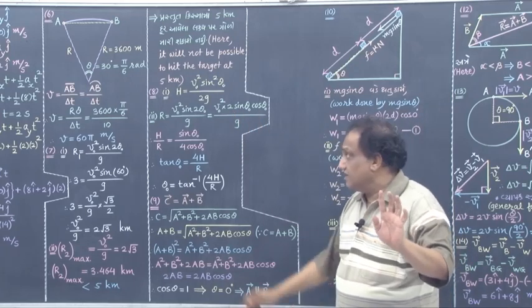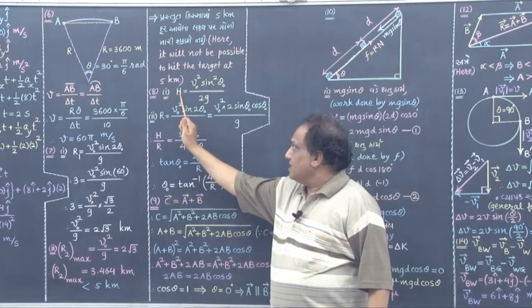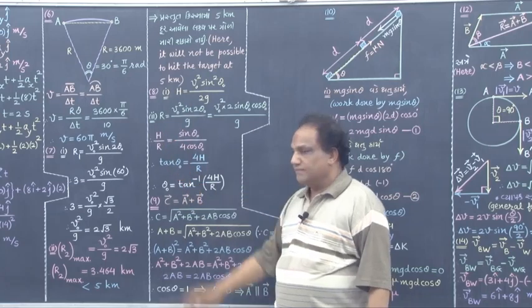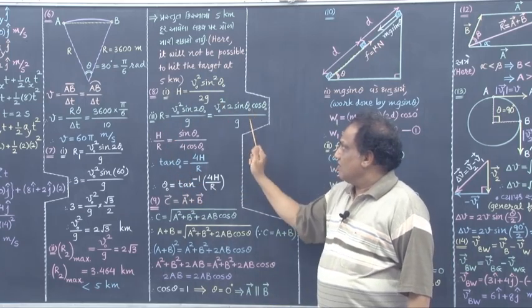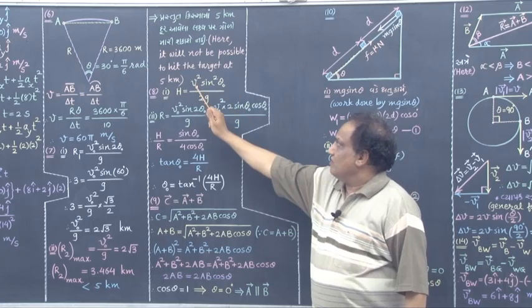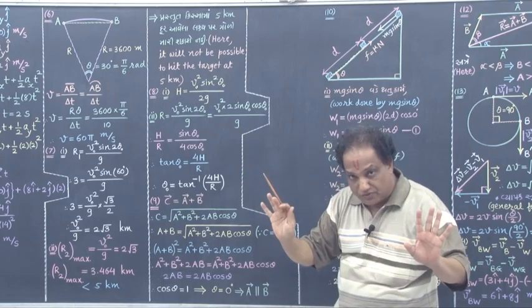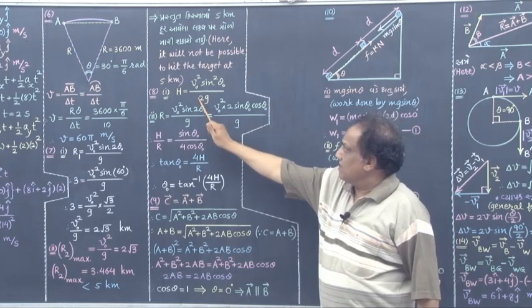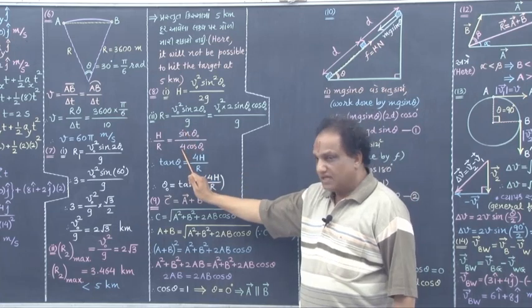Suppose we are finding the ratio of H to R, H upon R. Then it will be this upon this, and V0 square upon g will get cancelled out. This 2 will come down and be multiplied here, 2 twos are 4 in the denominator, correct.